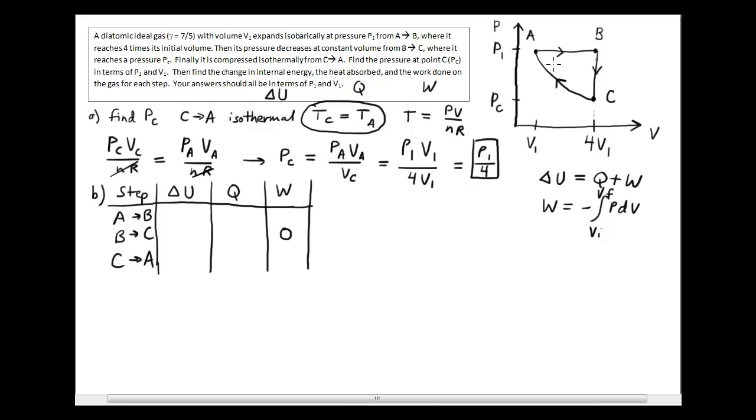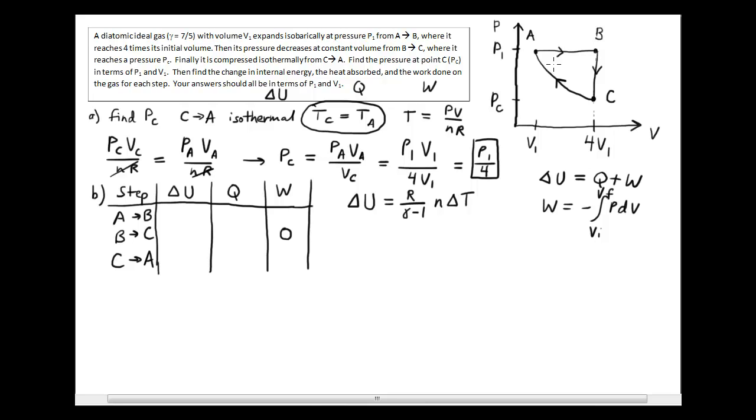Now let's look at C to A. C to A is an isothermal step. And remember, delta U always depends on delta T. And for a diatomic ideal gas, if you look at the expression in our book, you see that this can be written as R over gamma minus 1 times N delta T. All right?